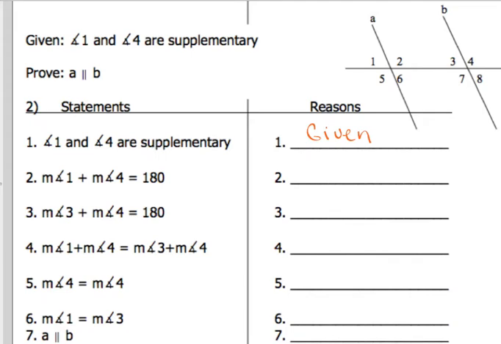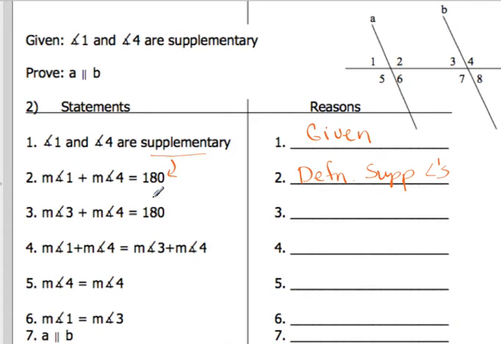So we're going from supplementary with this 1 and 4, and we're going to say that is 180. And so that's using the definition of the word supplementary. A lot of the time, if you have a vocabulary word, the next reason that you'll see is using the definition of that. So definition of supplementary angles.